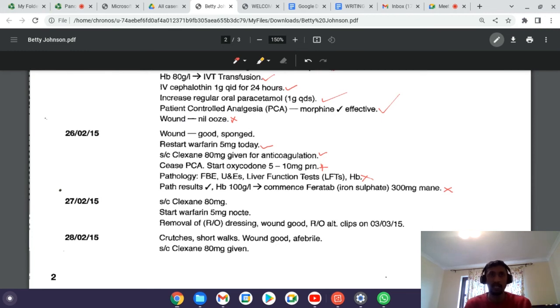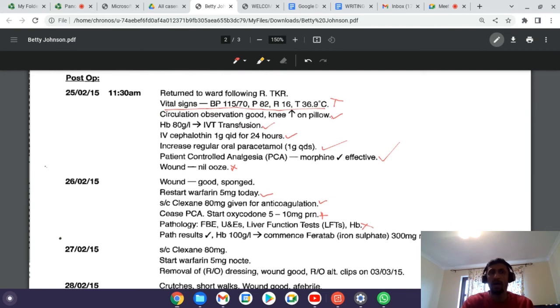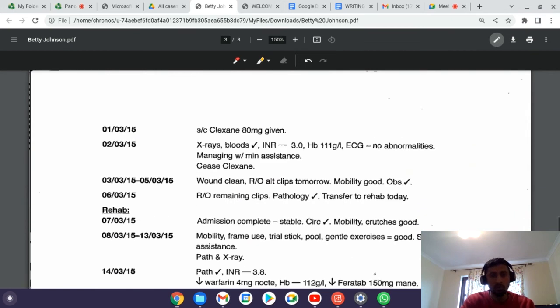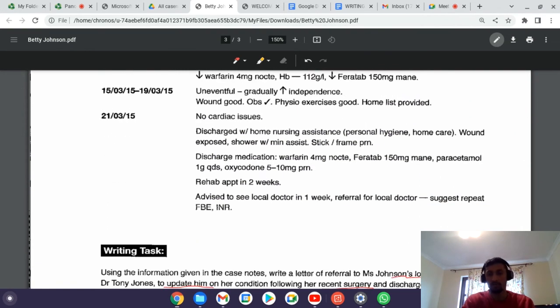Then we are going to select the content. For each and every piece of information in the case note, think whether it is relevant, semi-relevant, or irrelevant. So in the post-operative entry, 11:30 a.m., patient returned to ward following right TKR. When it is a medical case note, you should consider it as a whole, because you can see the case note has so many dates, and you will be confused.